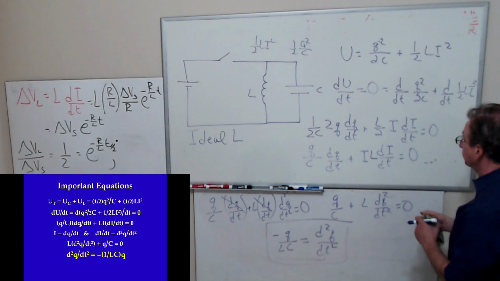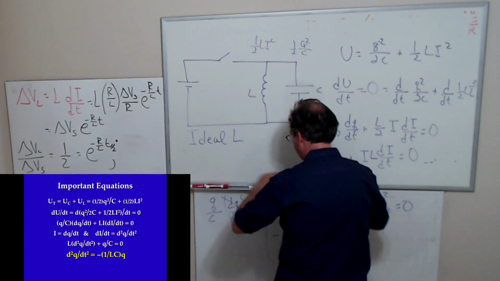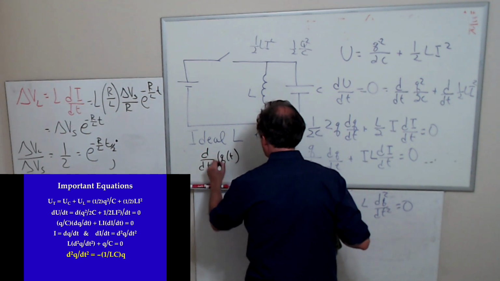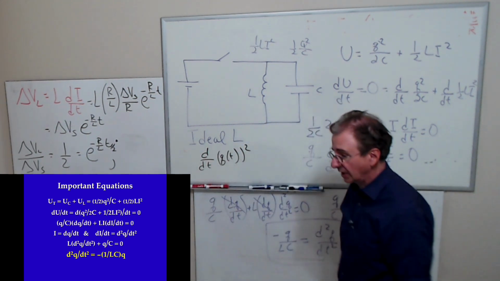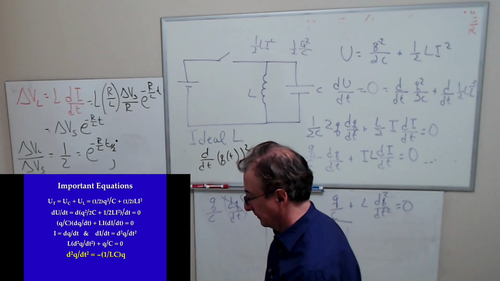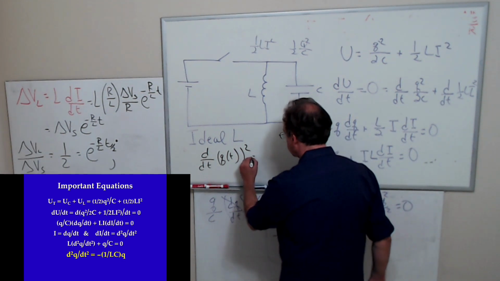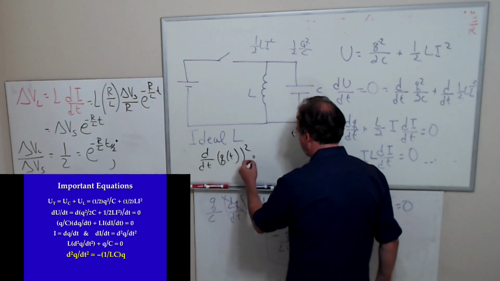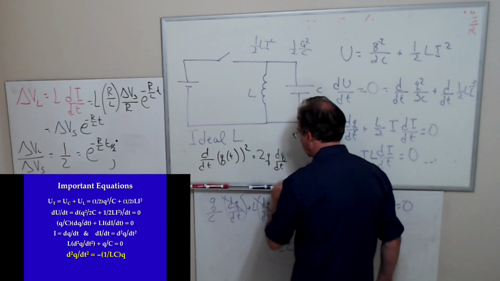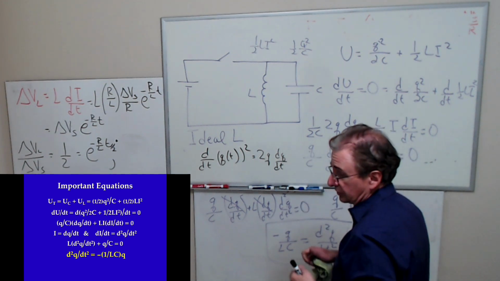Well, I'm taking, let me use a better color because everything seems blurry. I have to use a chain rule for that, right? Q is a function of time, so I have to use the chain rule. So if I use the chain rule, I'm going to get 2Q times dq over dt. That's the chain rule. I just applied that. And I do it for I too because I depends on time.